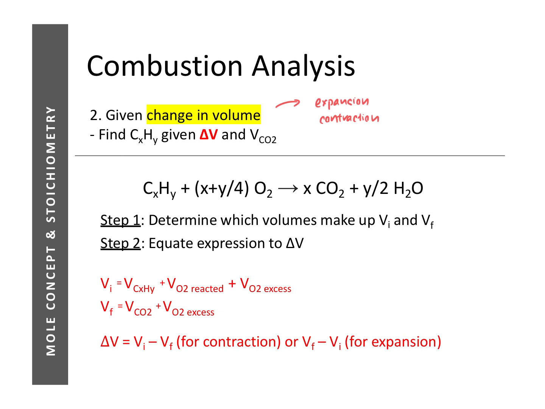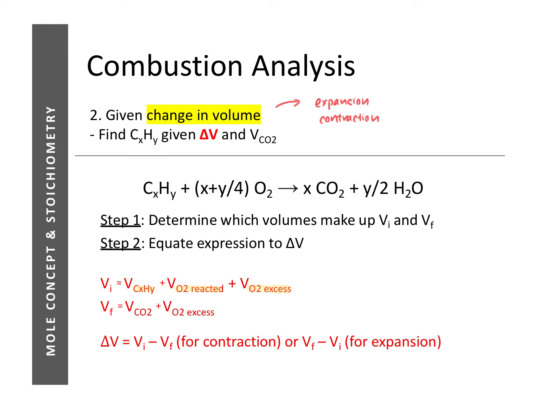For example, before combustion, the volume of gases would be the volume of your hydrocarbon plus your oxygen gas that was added. And if your oxygen gas is added in excess, this oxygen gas would be a sum of the volume of oxygen that actually undergoes reaction with your hydrocarbon plus the volume of oxygen that is remaining, that is in excess.